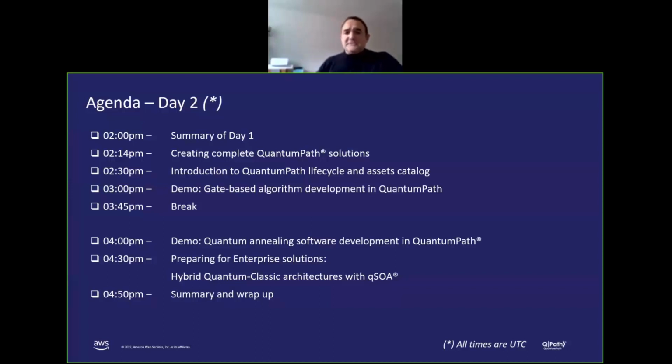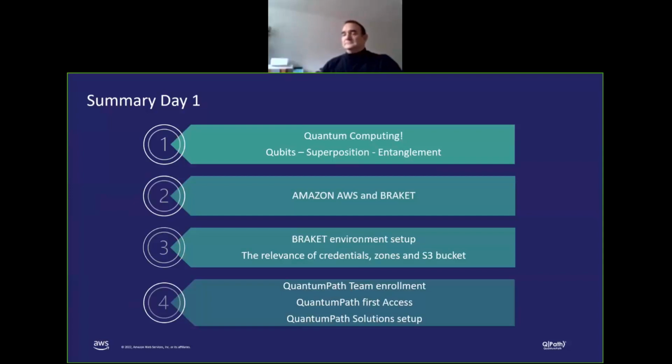Okay, so first of all, for the summary of day one, I want to talk about these 4 points. Okay, the first of all is that we are talking about quantum computing. It's amazing that today we can talk about that. Okay, in past years, we saw how mobile phones rose, how the internet is in our lives, and today we can talk about quantum computing.